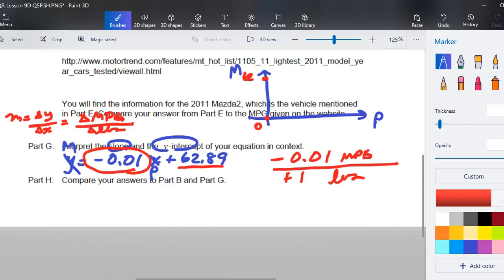Write something that makes sense, that you like, and then part H says, let's compare what's going on in part B to what we just got in part G. So when I look back at part B, we were asked if there's a correlation. And we said that there's a relatively strong negative correlation, that cars that weigh more tend to get lower gas mileage.